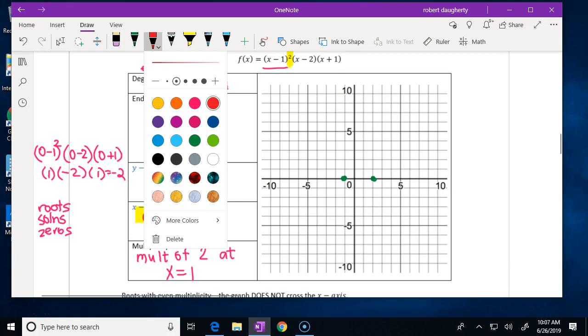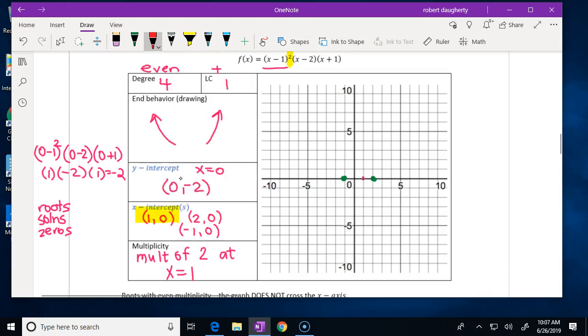So let's put a red dot at x equal 1. Where is my y-intercept? My y-intercept is at (0, -2), right there. And I know that this end behavior that I see right here, it's going to start up and it's going to go down.